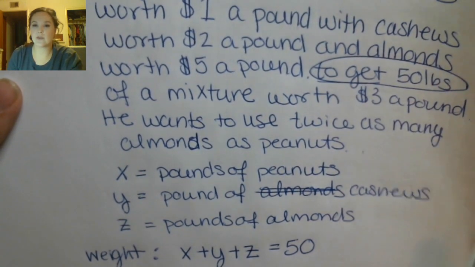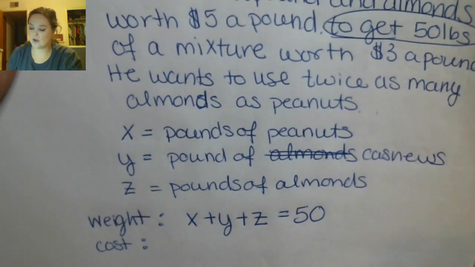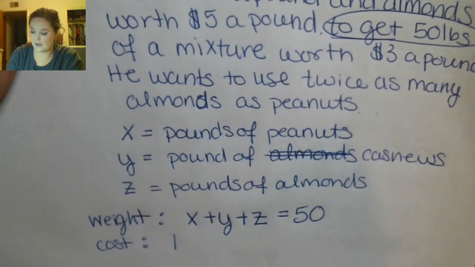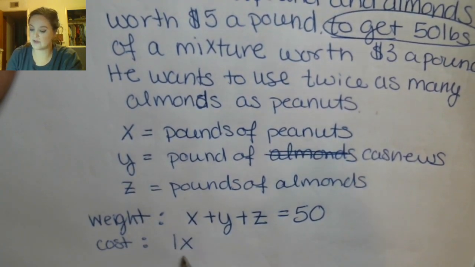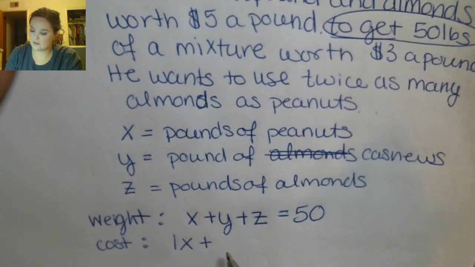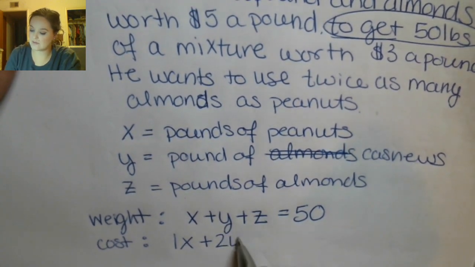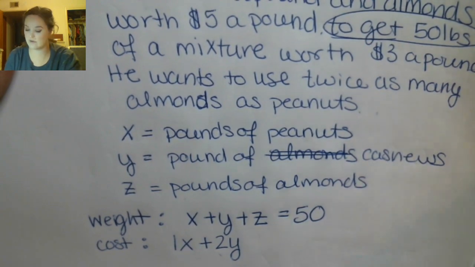Okay, and then I'm going to write my next one about cost. That's where all of these costs per pound come in. So the total cost of the peanuts, because they're $1 a pound, times the number of pounds, this will give me the total cost of peanuts. Then I would do the same thing for cashews. So each pound is worth $2 times the number of pounds. So 2y would be the total price of the cashews.